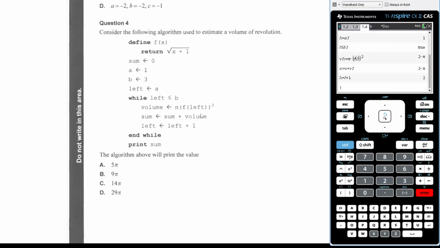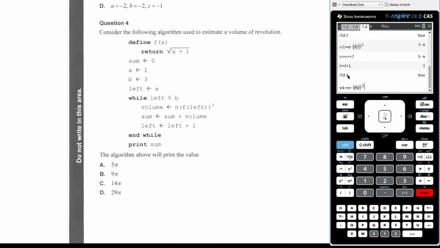I'll go back to check the condition again. Is my L still less than or equal to b1? That's true. Okay, so we can proceed with the next three steps, here, here, and here. Now let's check the while condition for the third round. Yep, that's still true.